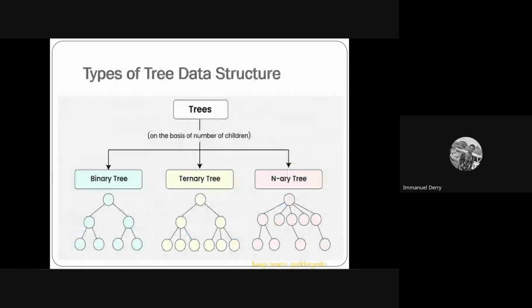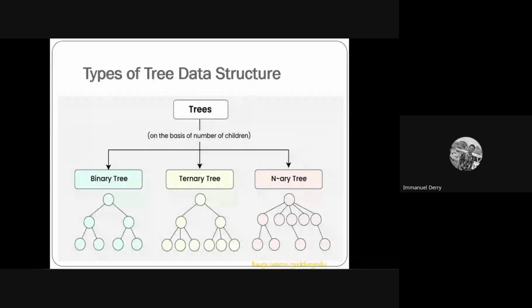All right, so let's talk about the types of tree data structure that we can have. On the basis of number of children, that is how we can determine the type of tree data structure. So we have the binary tree, we have the ternary tree, and then we have the n-ary tree. And the binary, as we know in basic computing, zeros and ones.